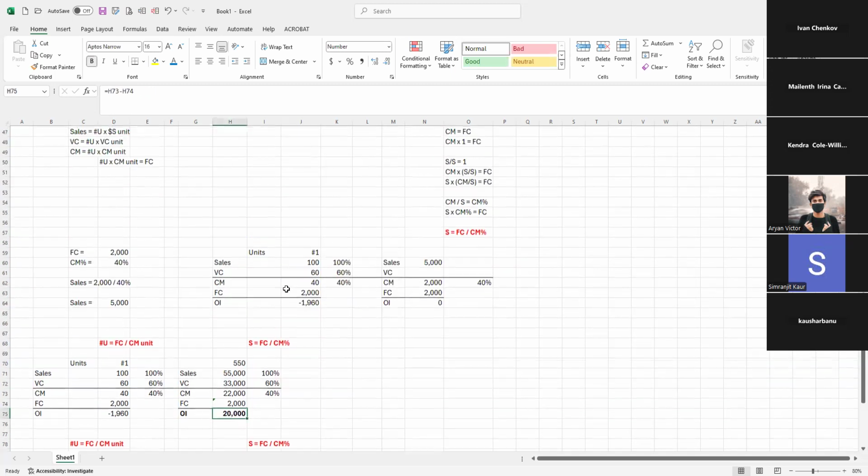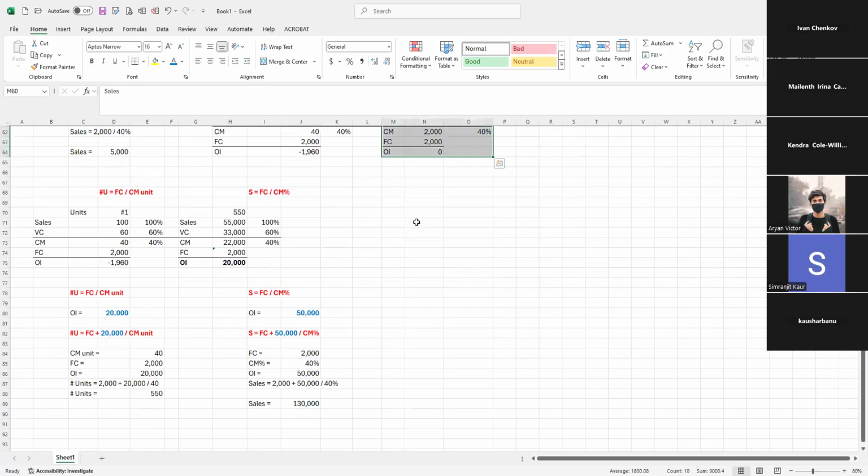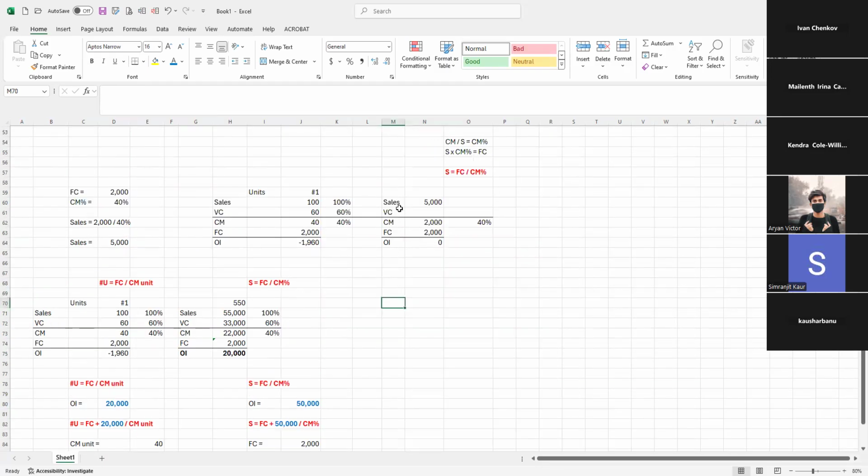Let's see if that's true. I'm going to use this calculation here, and I'm going to flip it right here. Let's see if this is going to work.